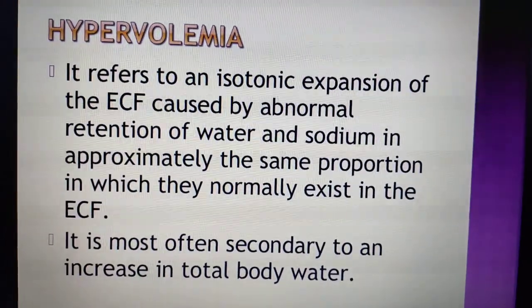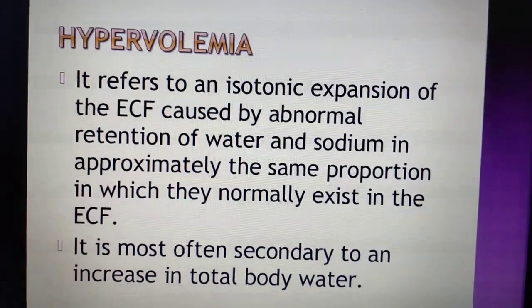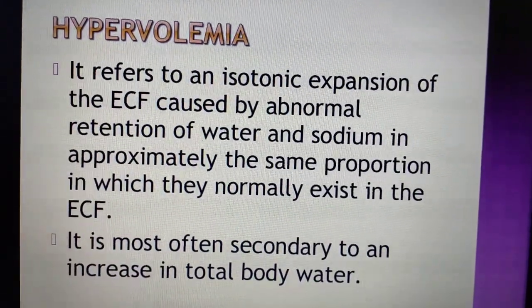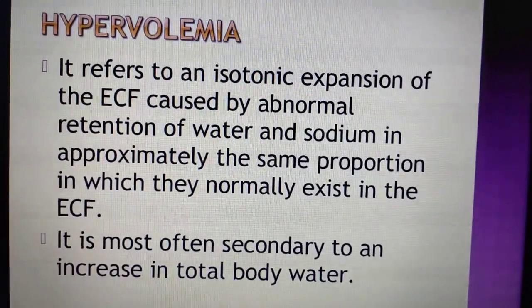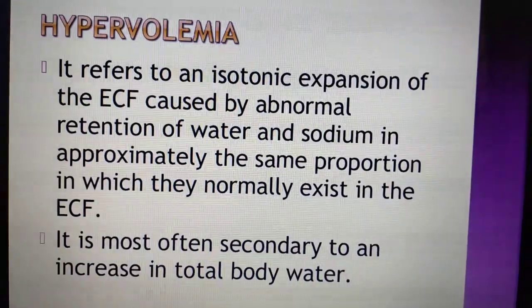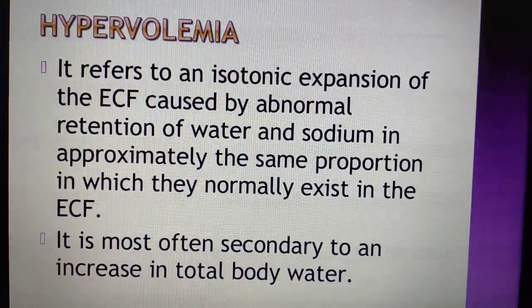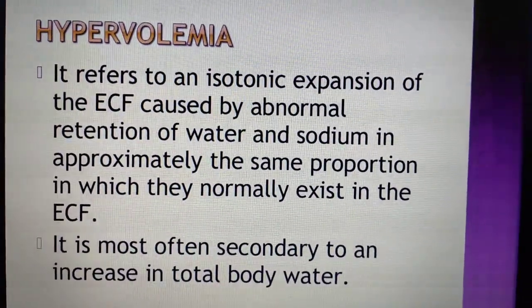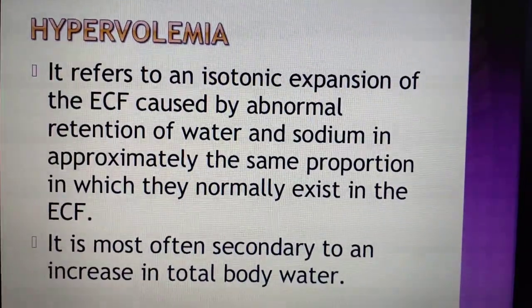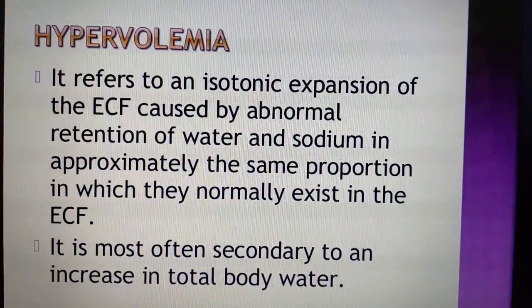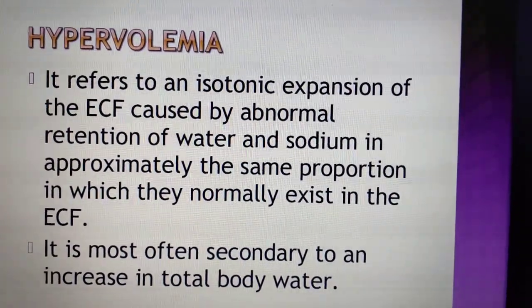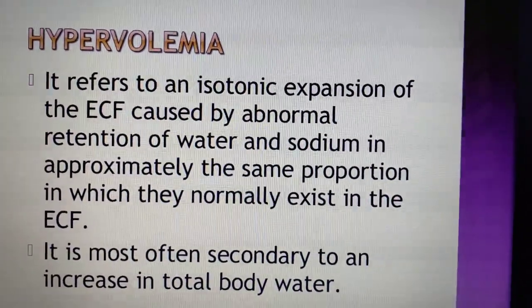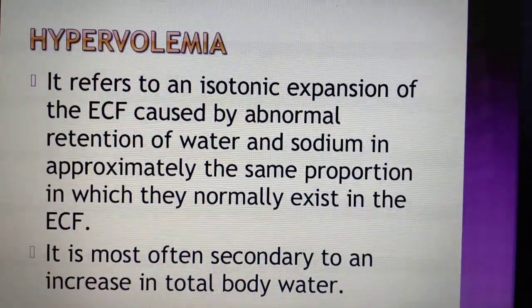Now we'll see what we mean by hypervolemia. Hyper means what? Excessive volume. When the body has excessive fluid collection, when the body fluid volume exceeds the normal, then we call that hypervolemia. Or one more definition: it refers to an isotonic expansion of the ECF. What do you mean by ECF?